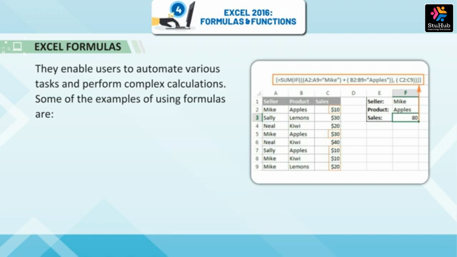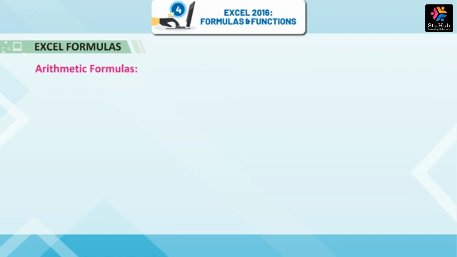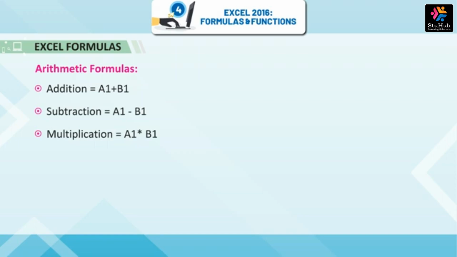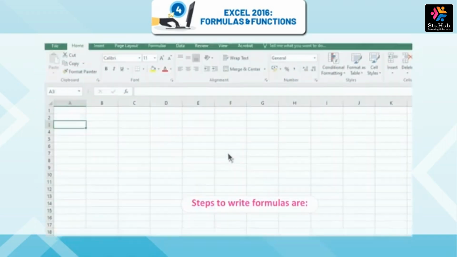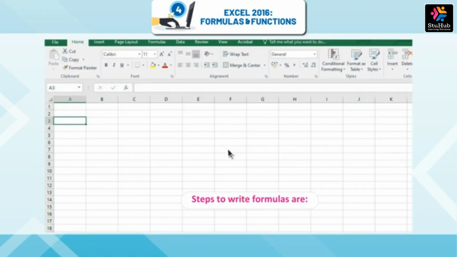Some of the examples of using formulas are arithmetic formulas: addition, A1 plus B1; subtraction, A1 minus B1; multiplication, A1 asterisk B1; division, A1 by B1; exponentiation, A1 raised to the power 2. Steps to write formulas are: launch Excel and open the worksheet.